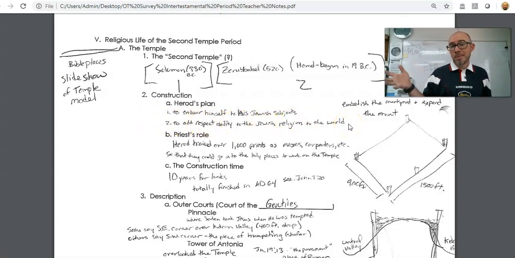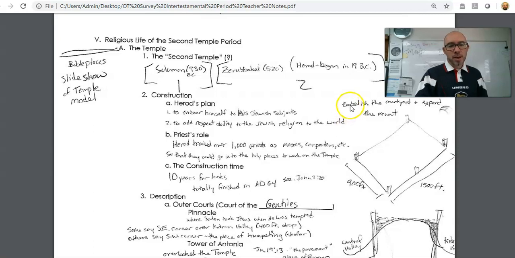If you've got a big temple, like the Temple of Diana in Ephesus, or the temple to Zeus or Apollo or Athena in Athens, or the statue of Zeus at Olympus in the Peloponnesus, everybody's like, let's go check that place out. And now he's built up this beautiful temple to add respectability to the Jewish religion.